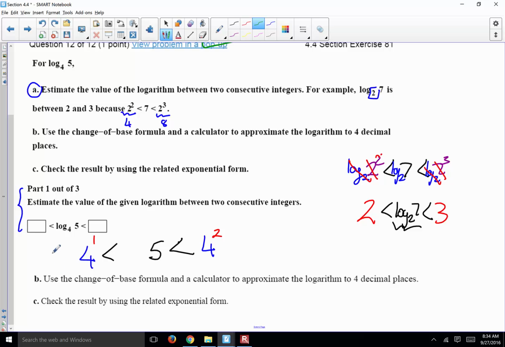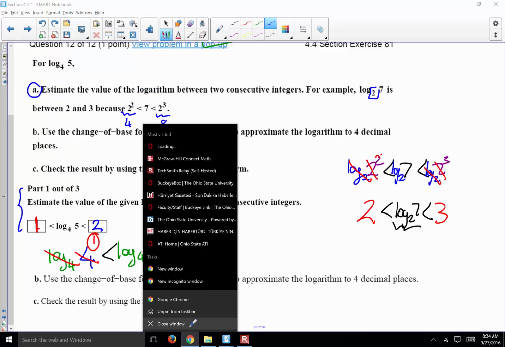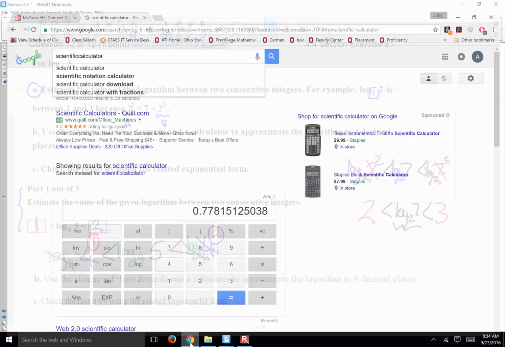Now introduce logarithm base 4 to both sides. Not both sides, all three sides. And they cancel. 1 is left. Right? These cancel. 2 is left. Logarithm base 4 of 5 is between 1 and 2. Make sense?